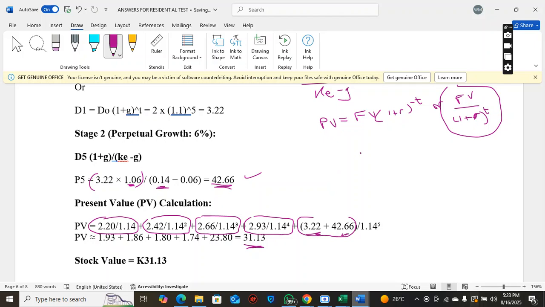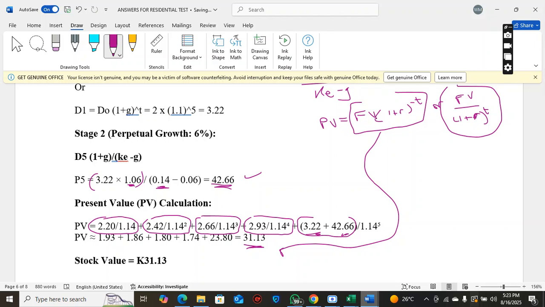If you use this one, future value times 1 plus r to the power negative t, you will still get a similar answer. It just depends which one you're comfortable with. Either FV multiplied by 1 plus r to the power negative t, or FV over 1 plus r to the power t. So that is the value of the stock today.